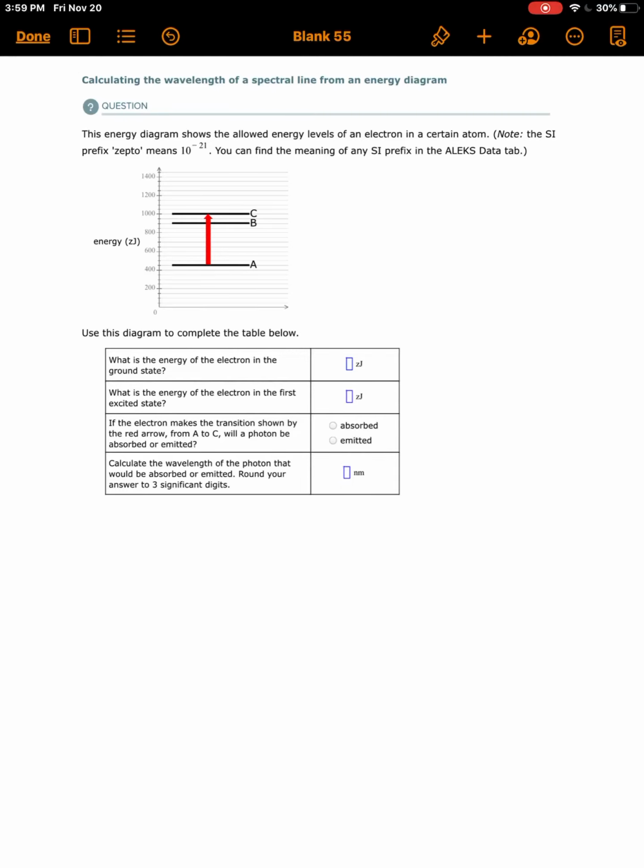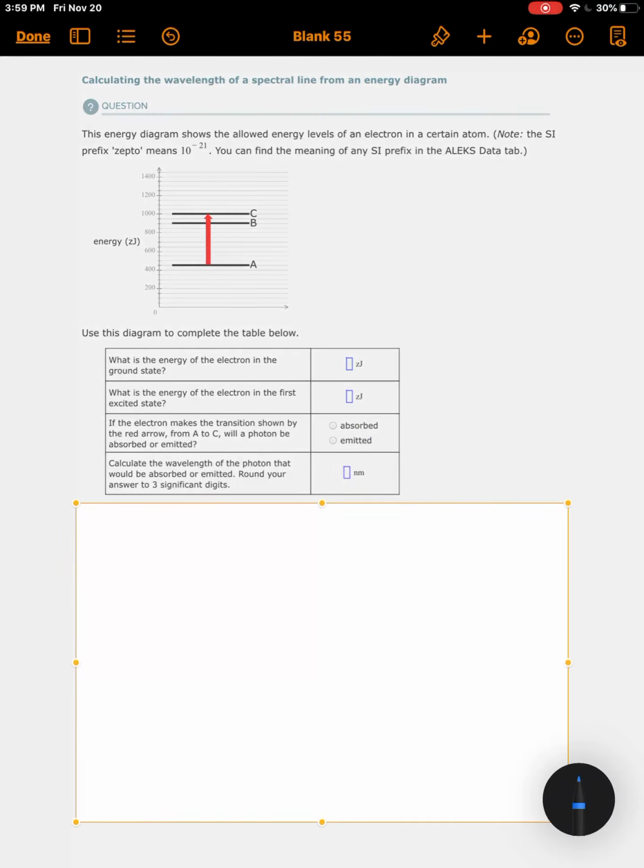So you've got this nucleus. The nucleus is positively charged. You've got this electron, which is negatively charged. If a photon comes in, the photon has energy, right? Photons have energy. We know that. The energy of a photon is hc over lambda, or h nu, h times the frequency.